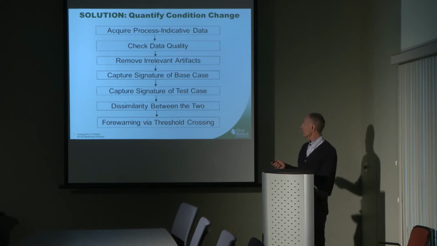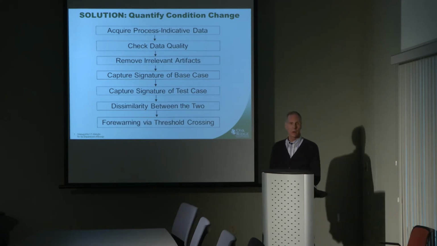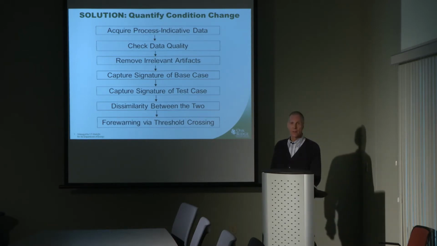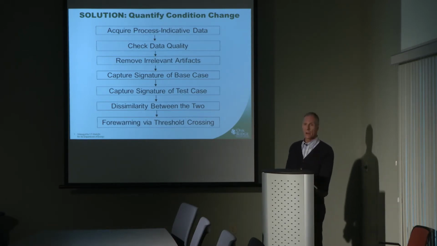We then capture from the artifact filter data a signature of the base case. Now, base case here is representative of the nominal dynamics or the baseline dynamics. We then also subsequently capture test cases. So these are cases that we know may or may not be different from the baseline, and we calculate a dissimilarity between the two.